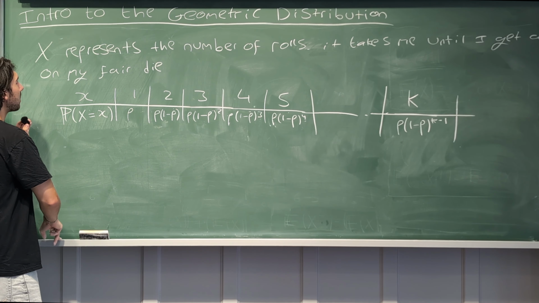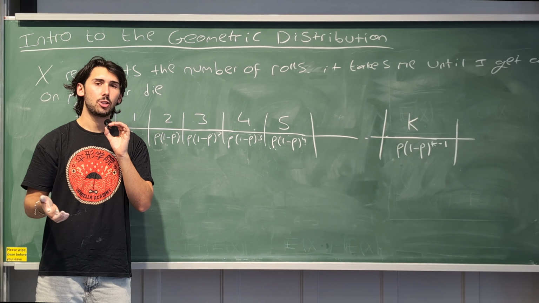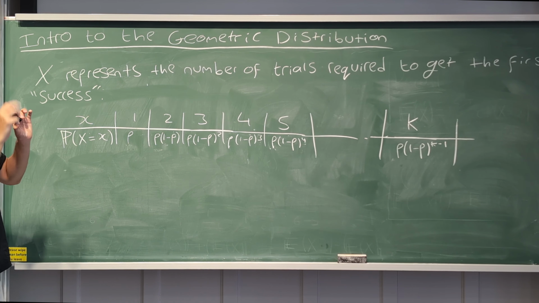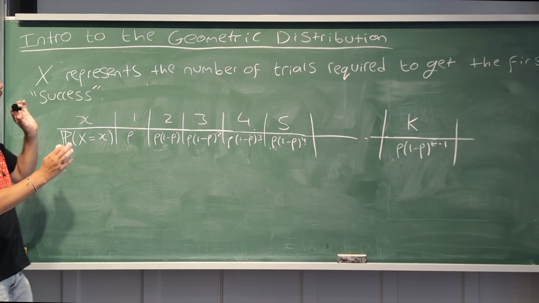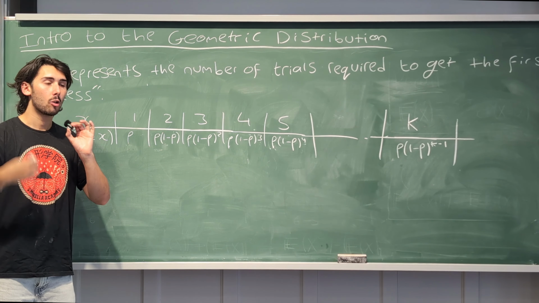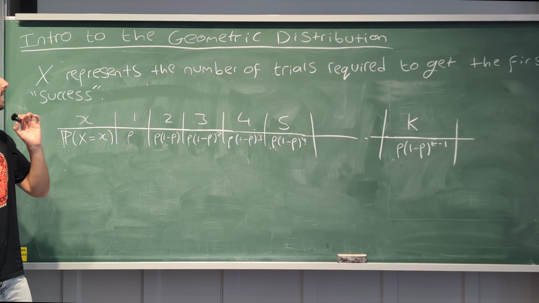So I'm going to replace this whole "X represents blah, blah, blah" with the most general thing from a geometric distribution. X represents the number of trials required to get the first success. And when I say trials, I mean a trial could be something like rolling a die or tossing a coin, attempts at trying to get a success.